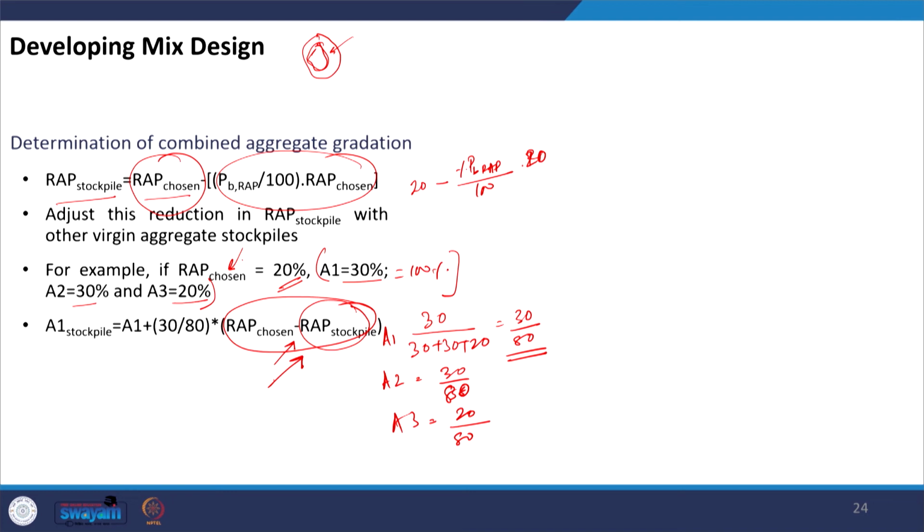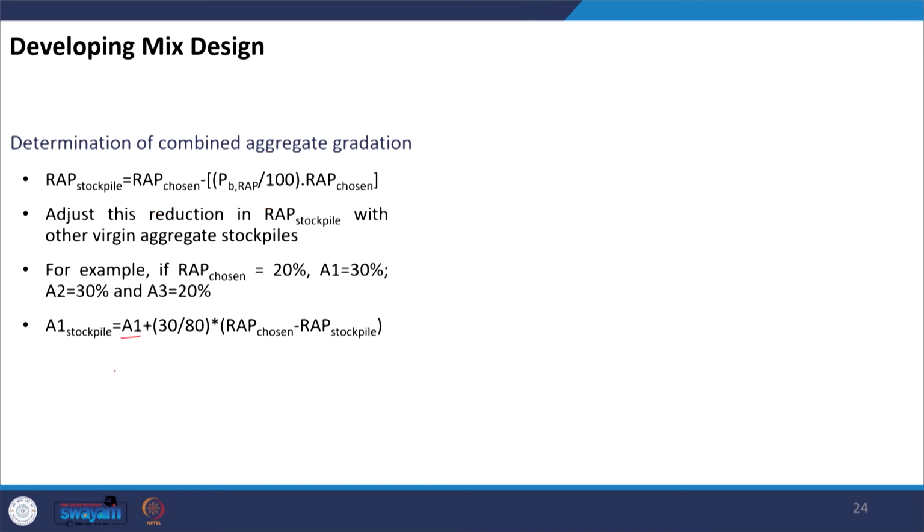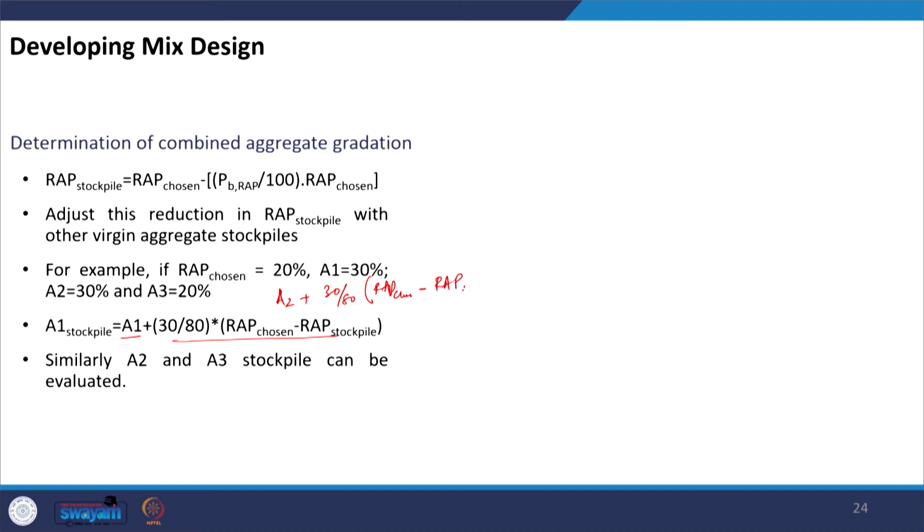So, that is why A1 we will increase by A1 chosen plus this particular value. Similarly, A2 will be A2 plus 30 by 80, same thing, wrap chosen minus wrap stockpile, and A3 will be A3 plus 20 by 80 into (wrap chosen minus wrap stockpile).